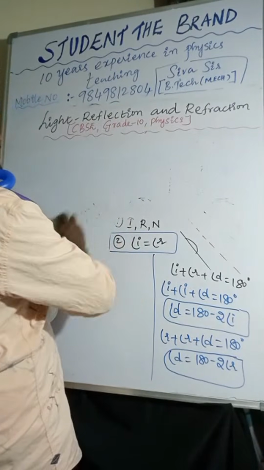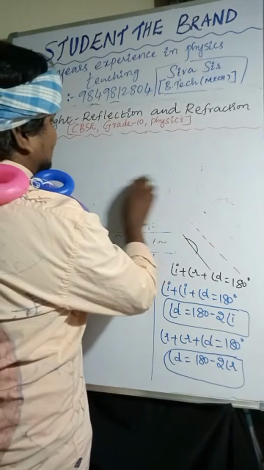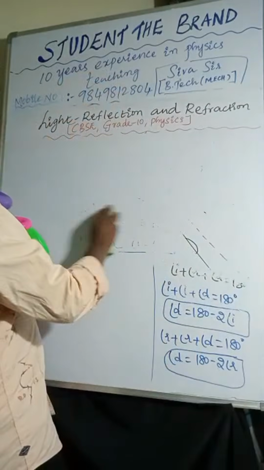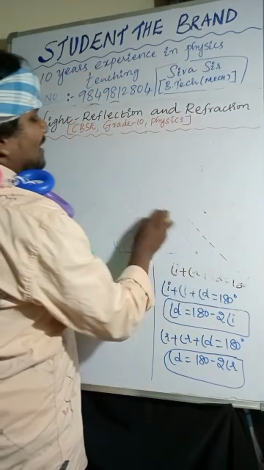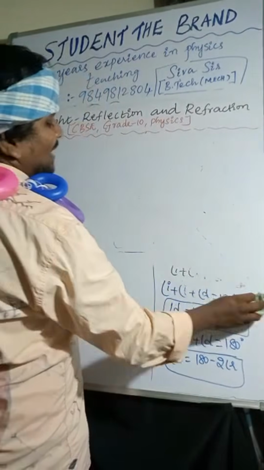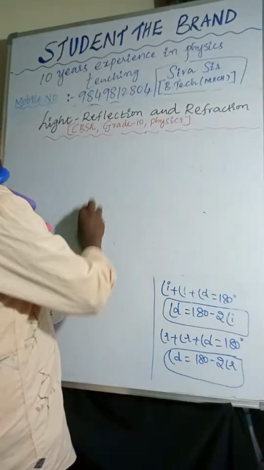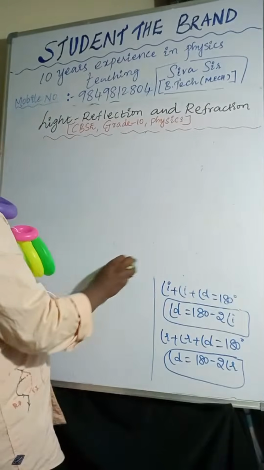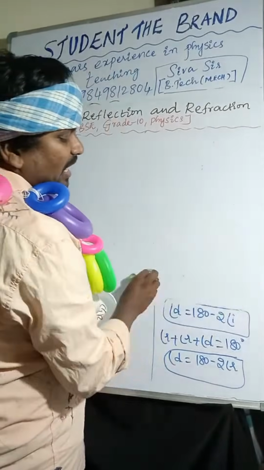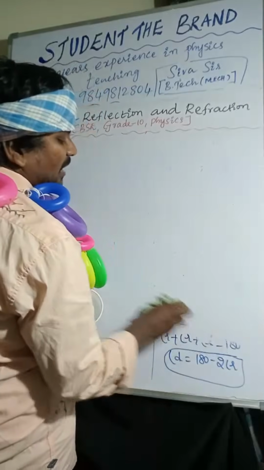What are those types of reflection? Regular reflection and irregular reflection.